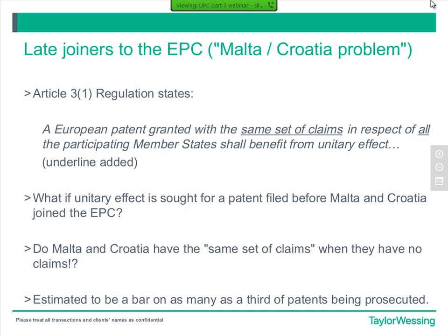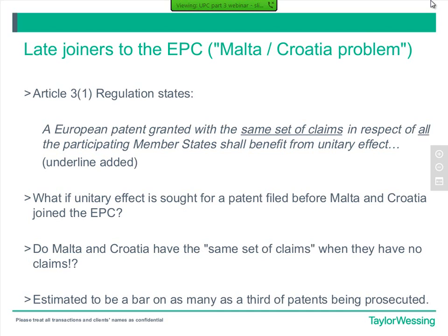The problem is that Malta and Croatia joined the European Patent Convention later than the others. They joined respectively in 2007 and 2008. The consequence is that European patents that were filed before 2007 and 2008 are not effective in these countries. And this means that in these countries, there is no set of claims at all.